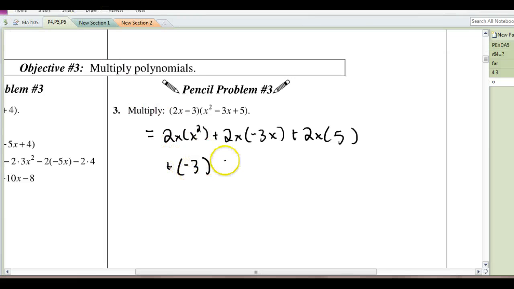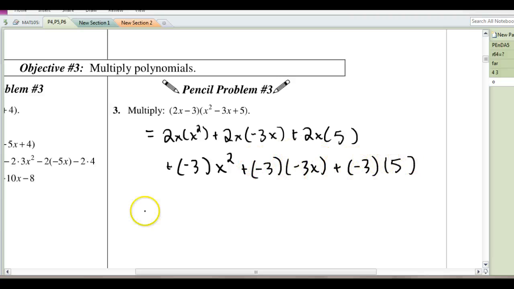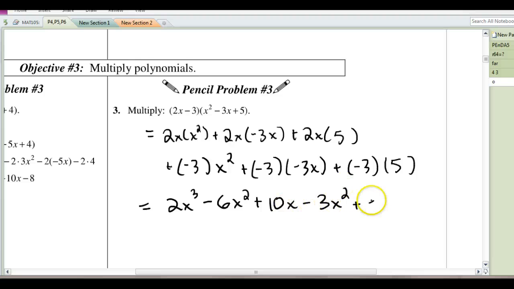So we've got minus 3 times x squared plus minus 3 times minus 3x and plus minus 3 times regular 5. And then we can multiply the numbers. So 2x to the third power minus 6x squared plus 10x minus 3x squared plus 9x minus 15.